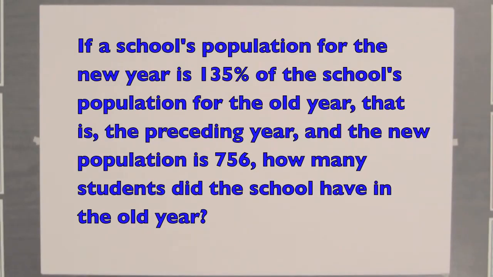If a school's population for the new year is 135% of the school's population for the old year, that is the preceding year, and the new population is 756, how many students did the school have in the old year?